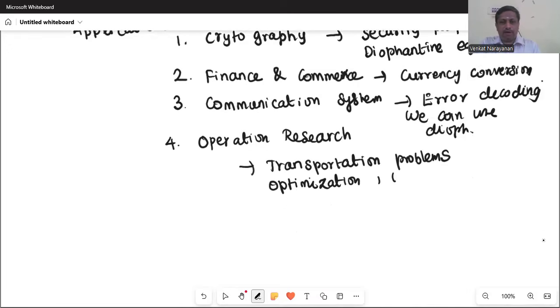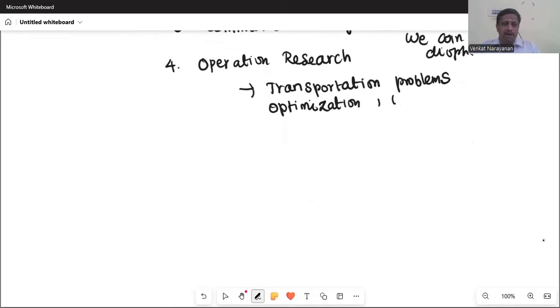Now we can come to the linear Diophantine equation. What is a linear Diophantine equation?